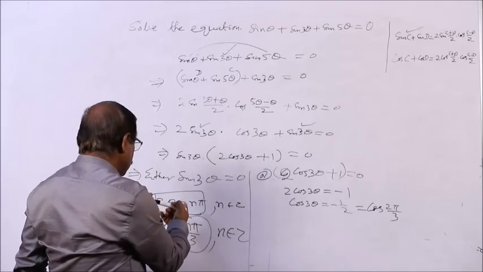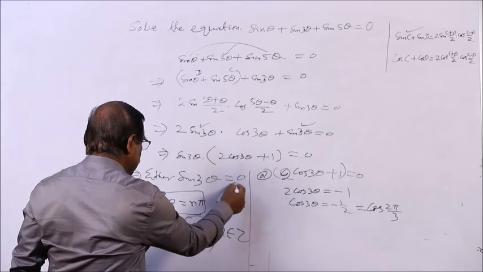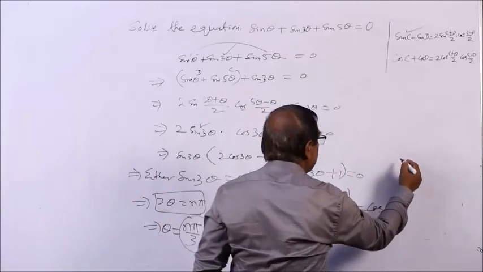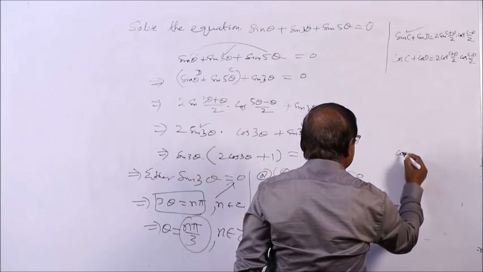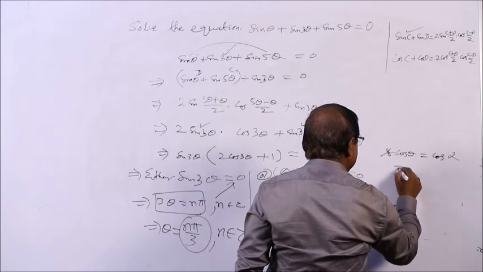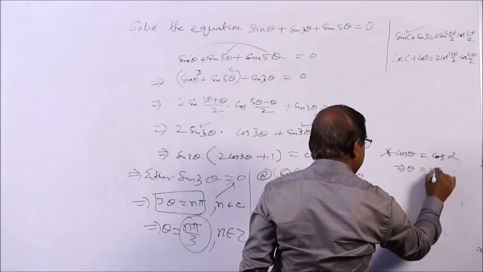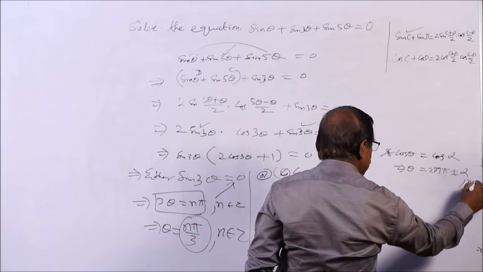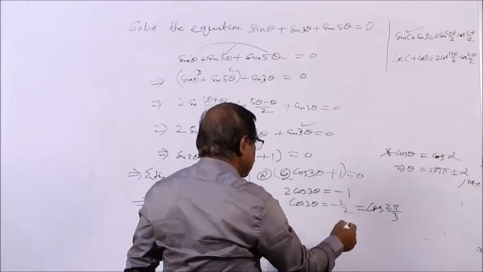Here it was 0, so I have applied this formula. Here it is cos theta is cos alpha. I have told you the formula just before: if cos theta is cos alpha, that implies theta is equal to 2 n pi plus or minus alpha, n belongs to Z. I will apply this formula here. This is alpha.